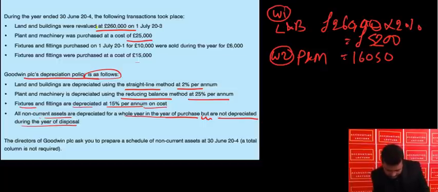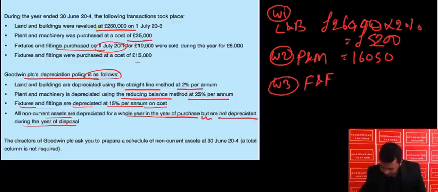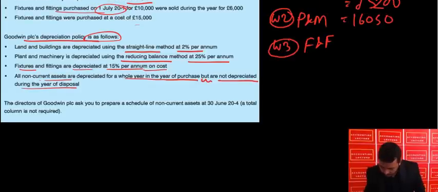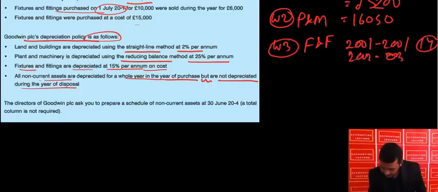Just check it. When did you buy fixtures and fittings? You bought July 2001. Okay, so working number 3, fixtures and fittings. 2001 to 2002 makes 1 year. 2002 to 2003 makes 2 years. 2003 to 2004 is our year.